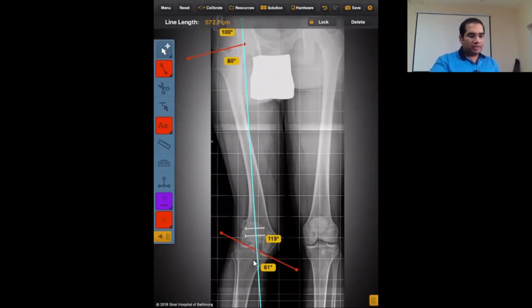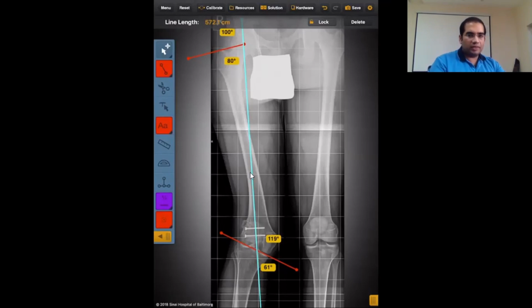That there is a valgus deformity in the distal femur. There is some difference in the angulation in the proximal part as well, which tells us it is not a pure intra-articular deformity of the distal femur. It is somewhere in between, because if it were an intra-articular deformity, only that angle would have been disturbed.